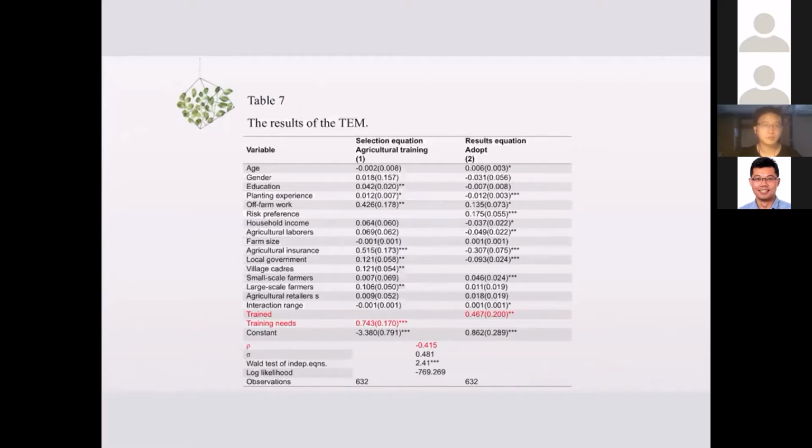From the result equation, compared with those who did not participate in agriculture training, the proportion of the adoption of DFS by trained farmers was higher.